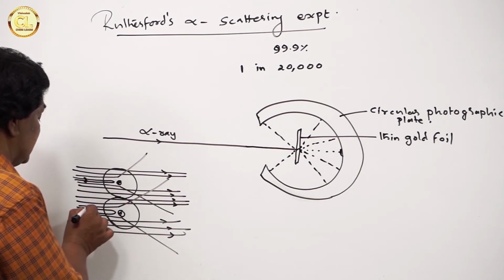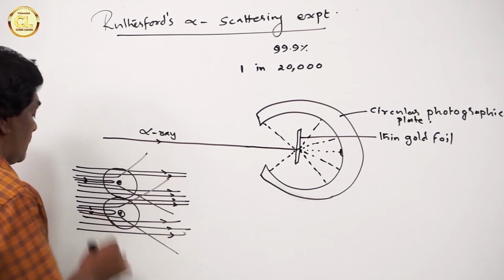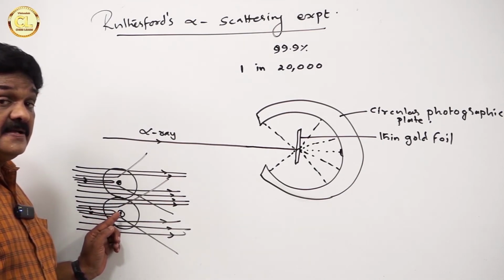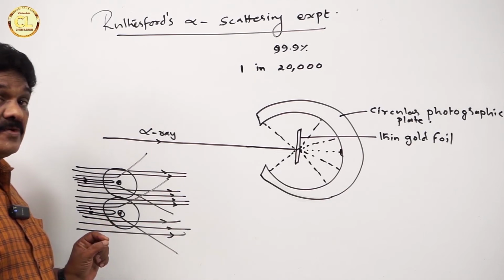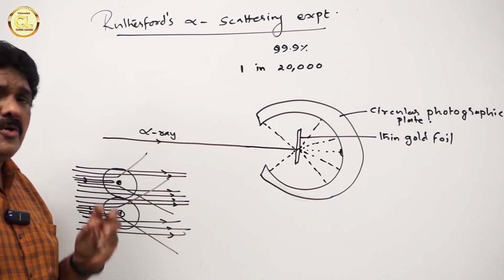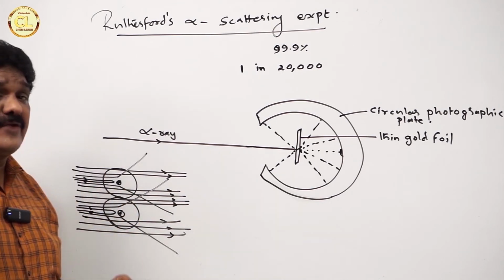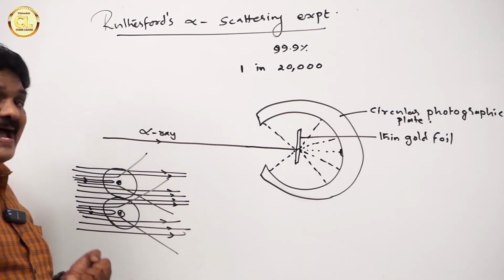From this it is clear that there must be a positively charged center in the atom, which is very small or minute. That is why only a very small number of rays get totally reflected back.